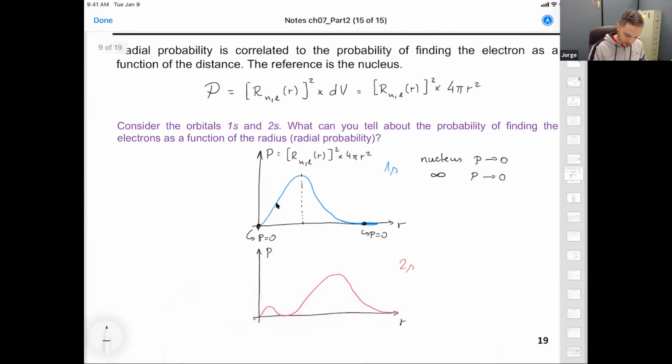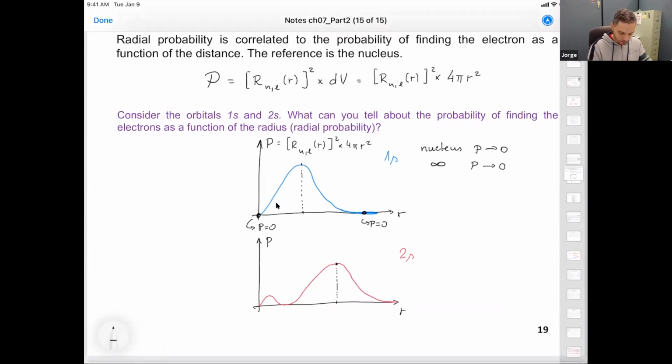Therefore, this point over here, that's the most likely spot to find a 2s electron. However, there is also a small probability to find it very close to the nucleus. Okay? So again, here we have these 2 points where the probability is equal to 0.